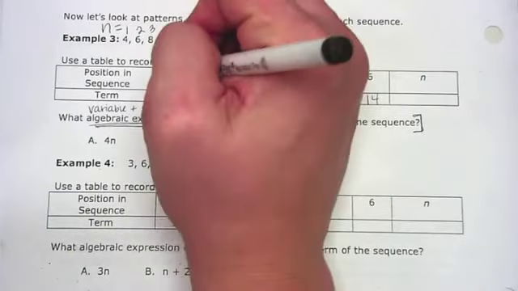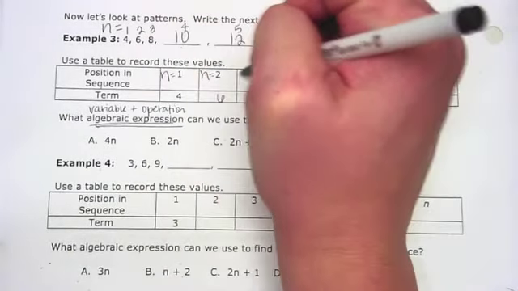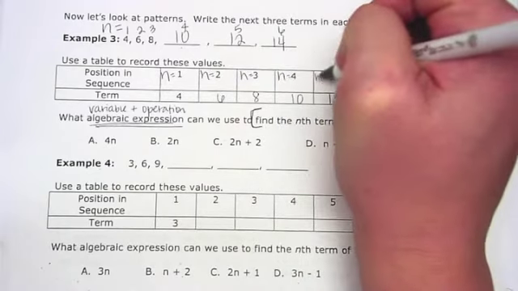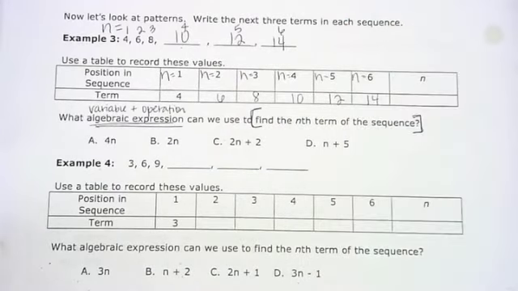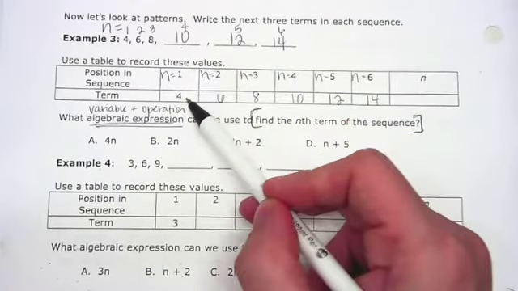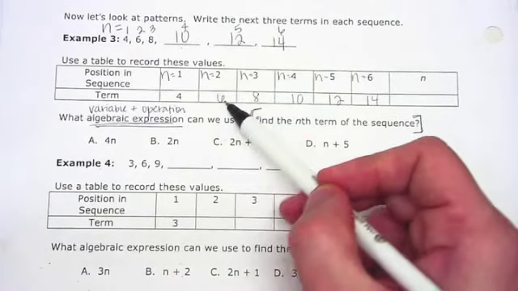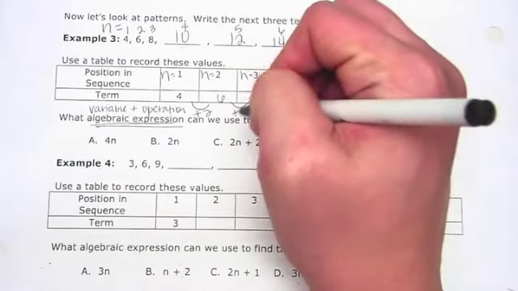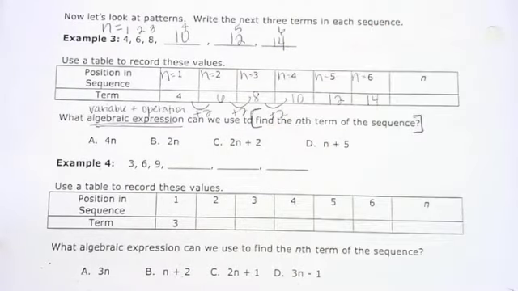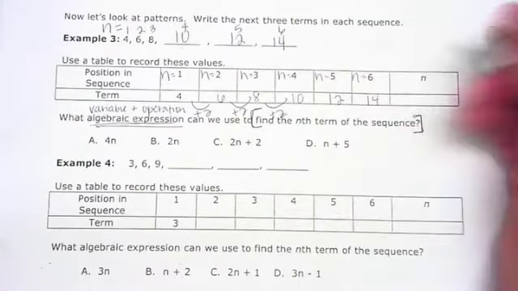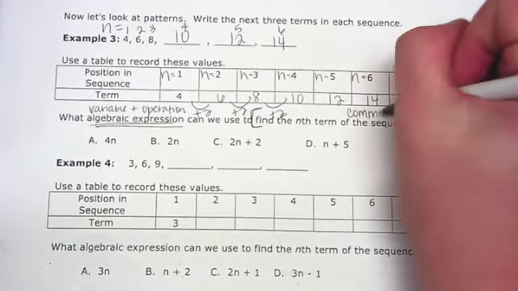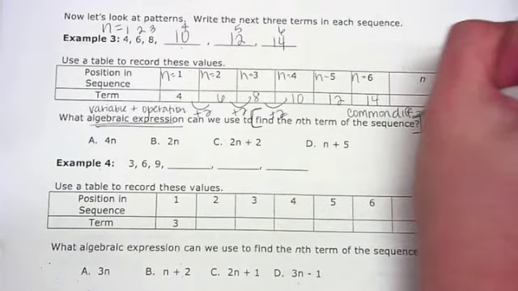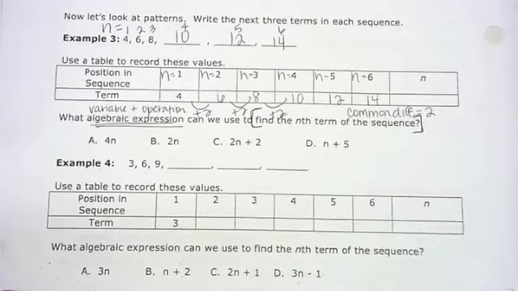So let's look at our table, and remember these are our n's. When n equals 1, our term is 4. When n equals 2, our term is 6, and so on. If you notice, each time it's changing by 2. And if you go back to our vocabulary, that is called the common difference. So the common difference is 2.